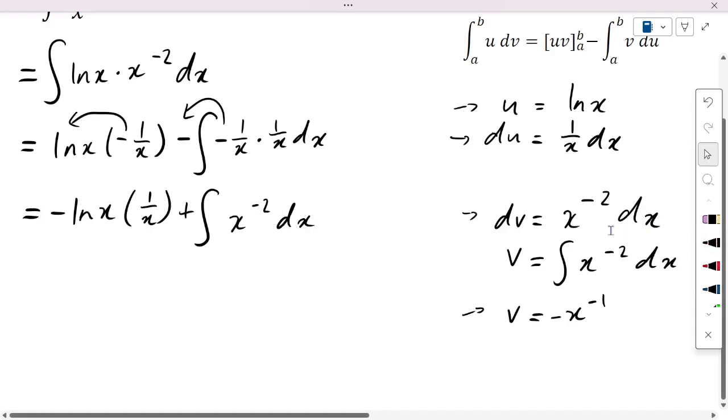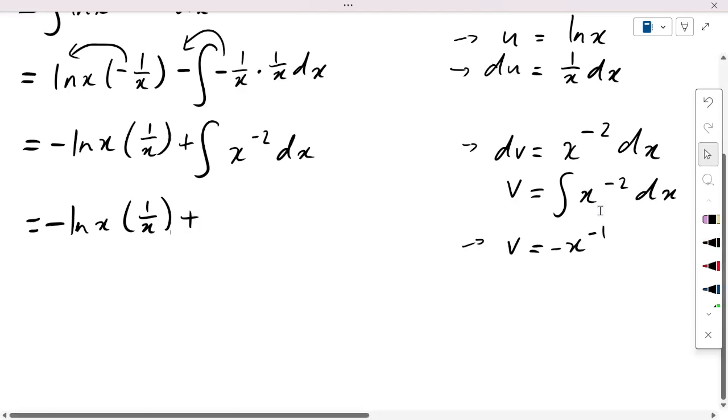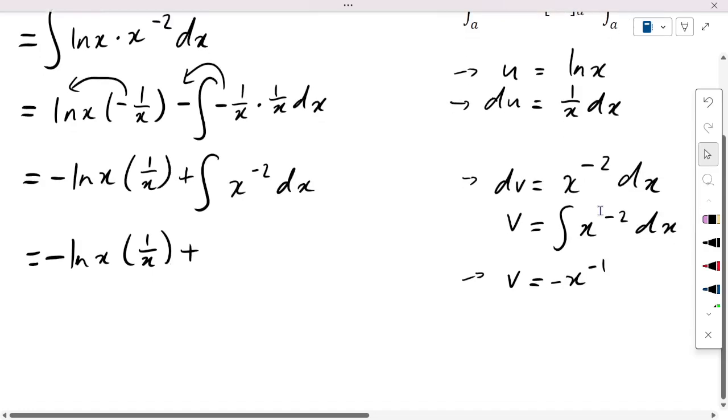Now that we can integrate, we can do the following. This is negative ln x multiplied by 1 over x, plus the integral of x to the power of negative 2 with respect to x. Remember, we already did this right here.